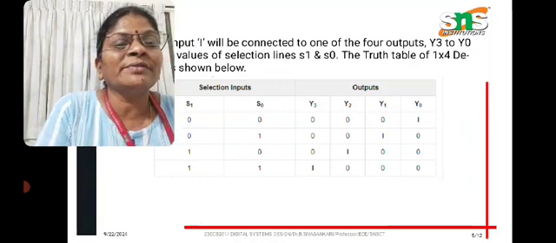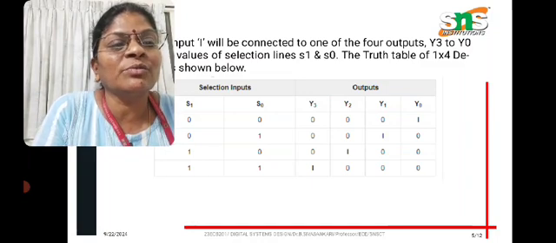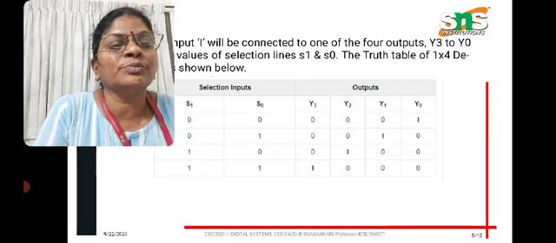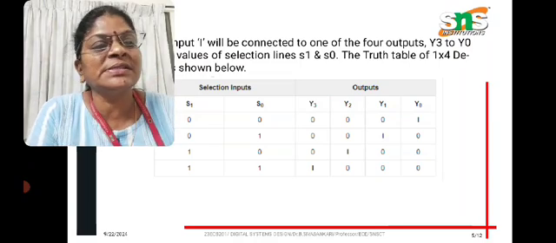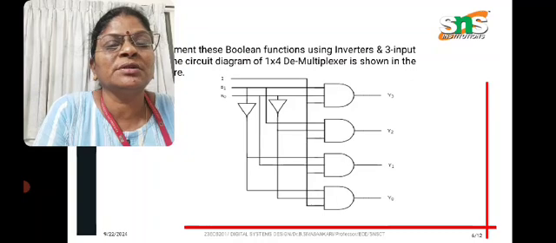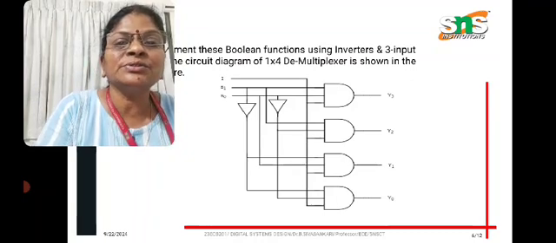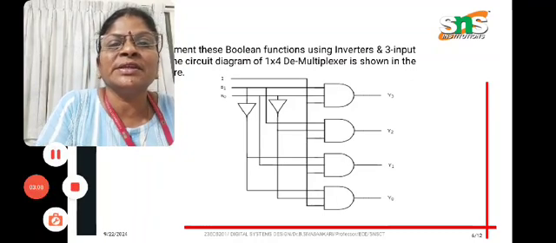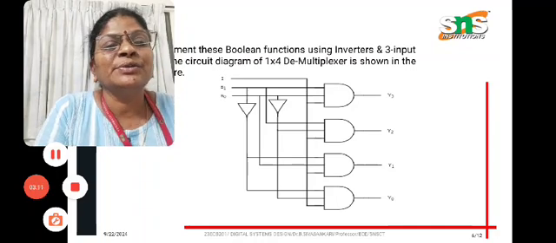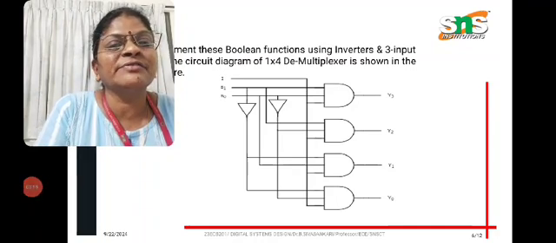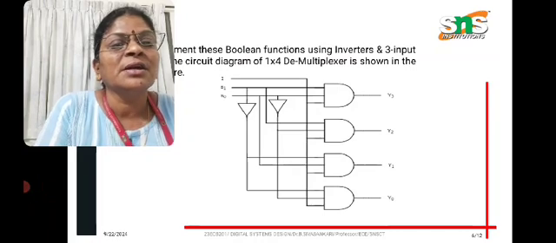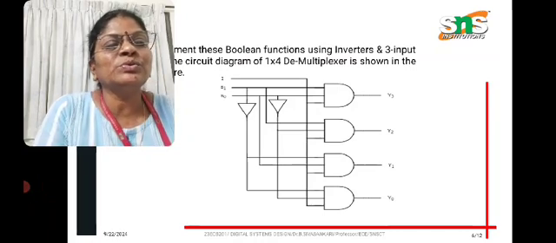So first y0 we get as output, then y1, y2 and y3. So we receive a diagonal output. And this is the logic circuit diagram of the demultiplexer. By using selection lines, a single input, we get different outputs like y0, y1, y2, y3.